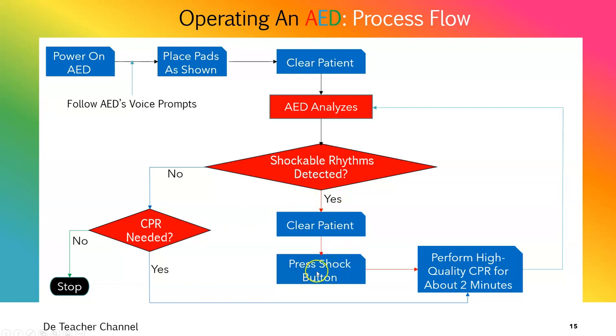And then if you look closely at the AED, the shock button will be flashing. The shock button could be orange, it could be yellow. Just look at the AED, and you need to respond. But before you press the shock button, you must clear the patient. This is very important so that you don't shock somebody else.